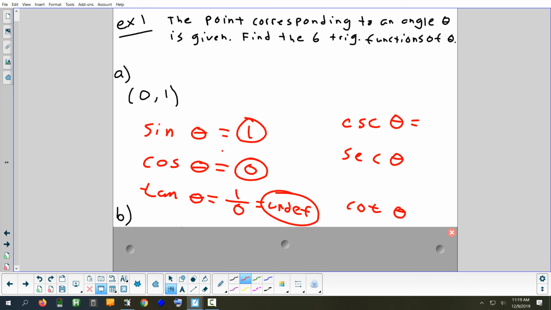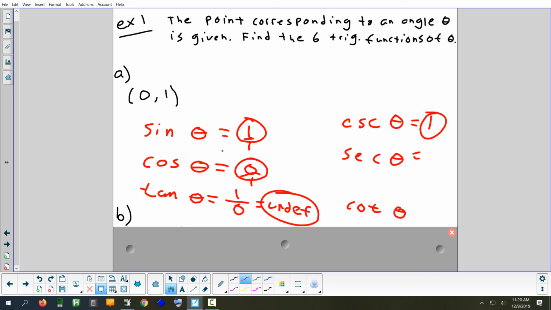Now, what's the connection with the ones on the right if you have the ones on the left? All you really have to do is take the ones on the left and flip them. So when you flip 1, it's still 1. Now, 0 is not a fraction, but you can make it a fraction. If you flip 0 over 1, that'll give you your secant.